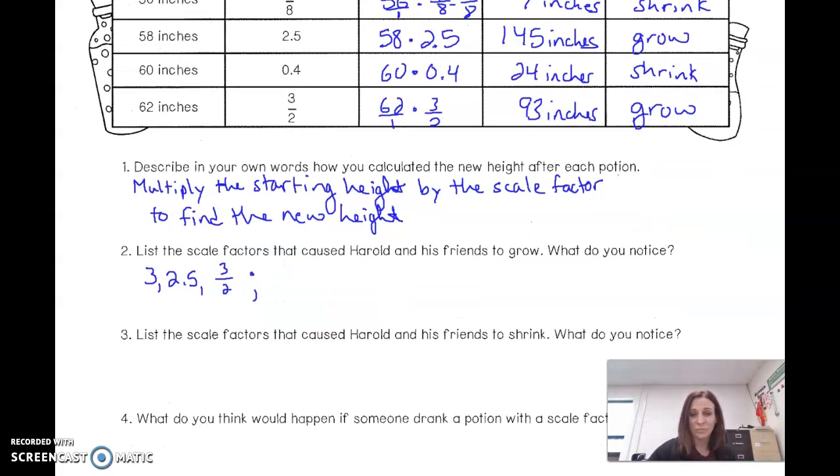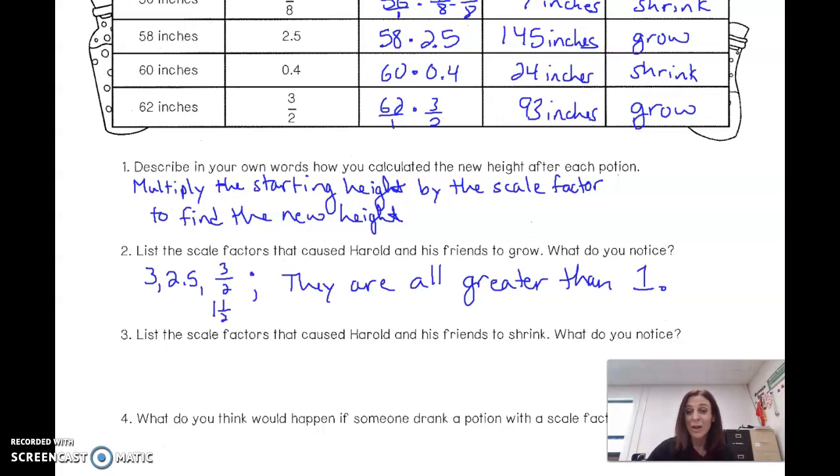Well, they are all greater than 1. Do you see that? 3 is bigger than 1, 2.5 is bigger than 1. 3/2, remember that's 1 and 1/2. All numbers greater than 1. And we grew.